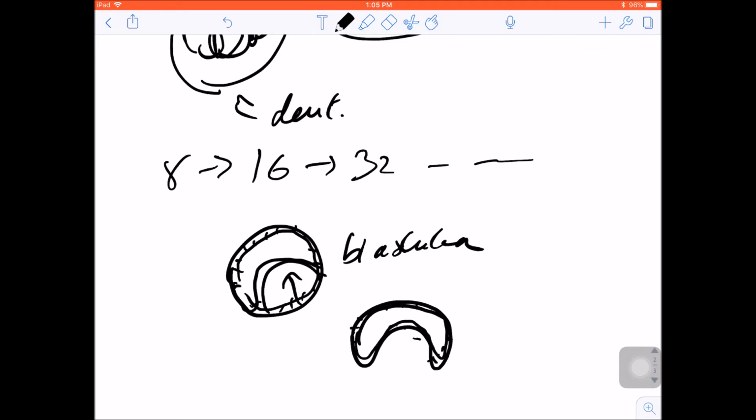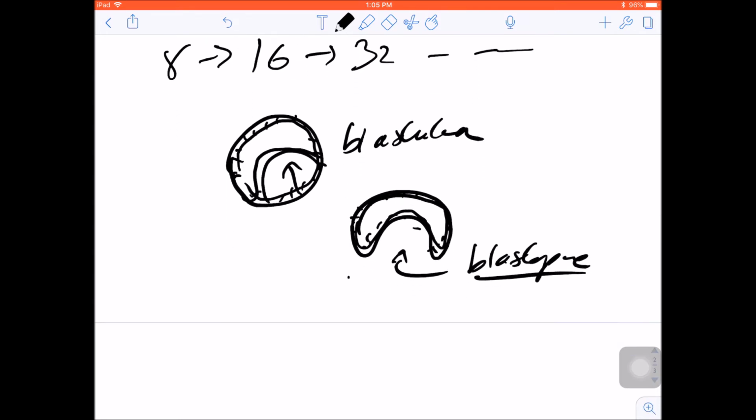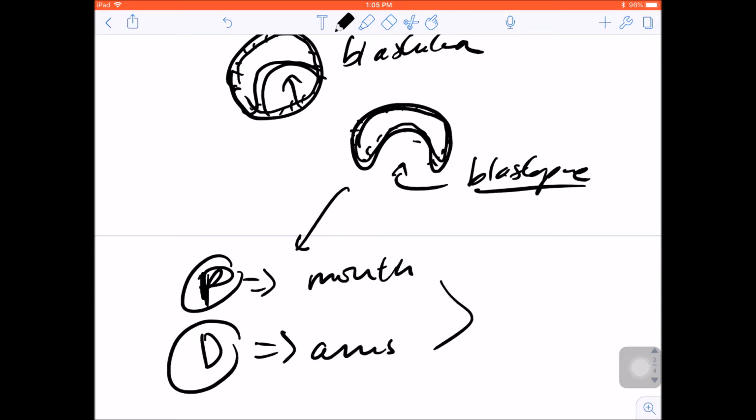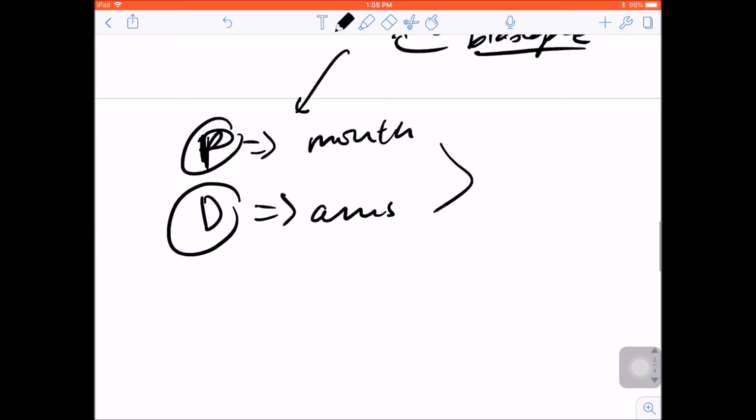And the opening of that punched-in section, that invaginated section right here, is called the blastopore. In protostomes, this blastopore becomes the mouth. In the deuterostomes, this becomes the anus. And that's just something you got to memorize. Okay? Easy.